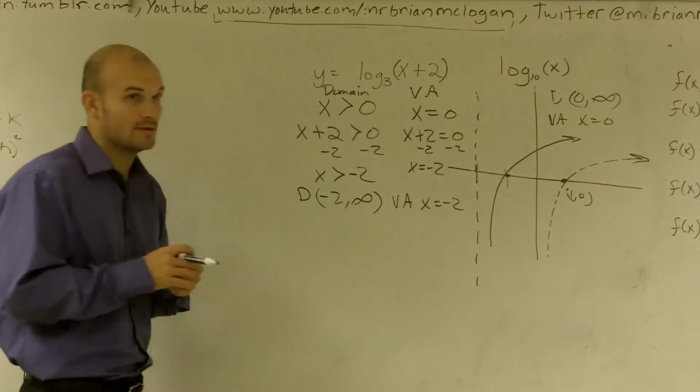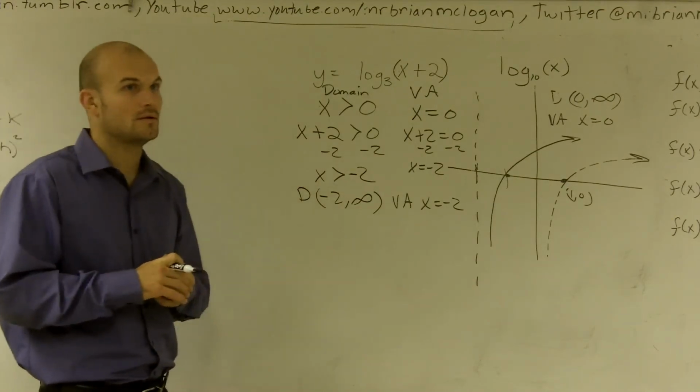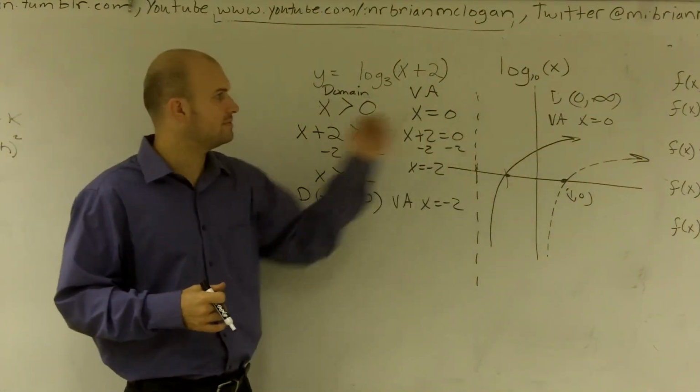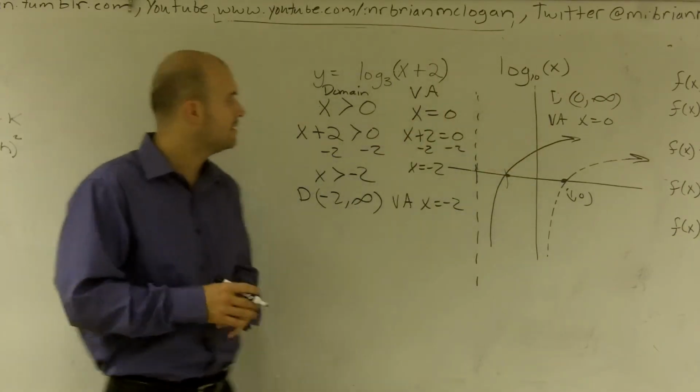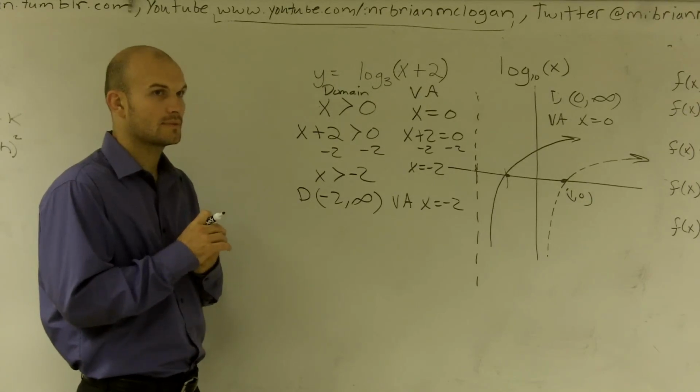I just wanted to know what if it was going to negative infinity, how you would write it. Well, if it was going to negative infinity, remember, this whole graph would be flipped over, right?